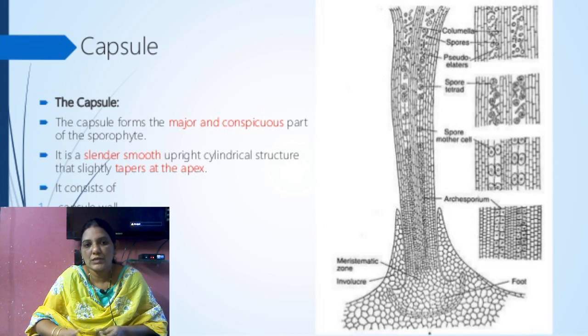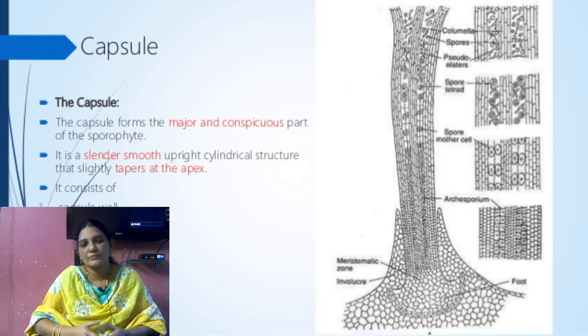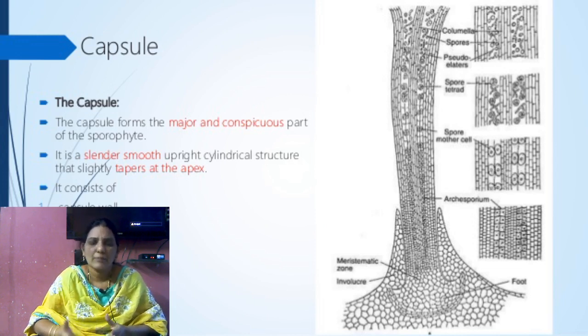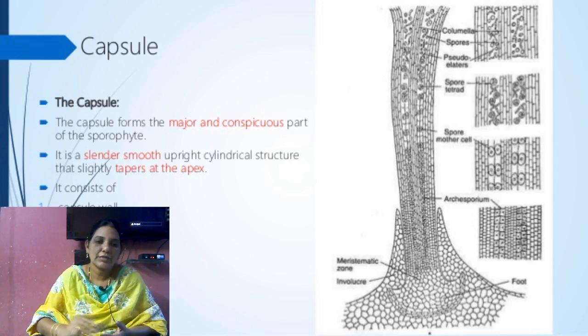The spore mother cells are of two types: fertile mother cells and sterile mother cells.